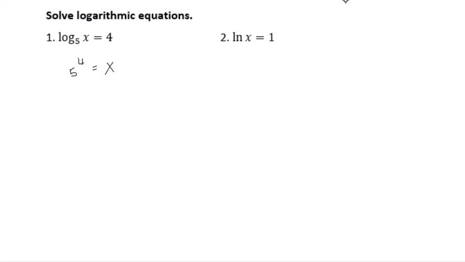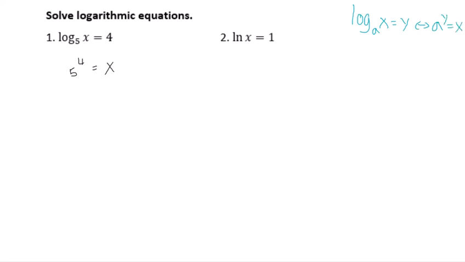Now, if you're unsure where that's coming from, it's from the notes on the first page that say if log base a of x equals y, then a to the y equals x.